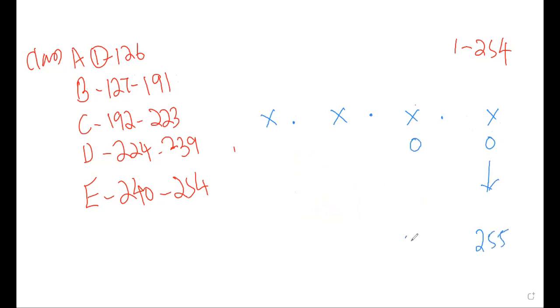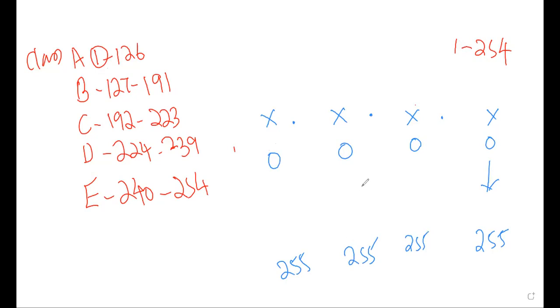Here also from 0 to 255, 0 to 255, 0 to 255. Clear? You can write any number in between 0 to 255, but only the valid IP is in between 1 to 254. And you have the classes which I mentioned, A, B, C, D, E.